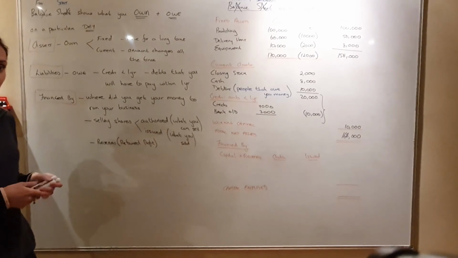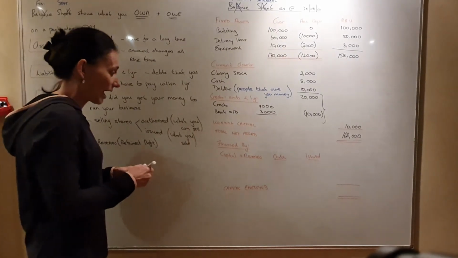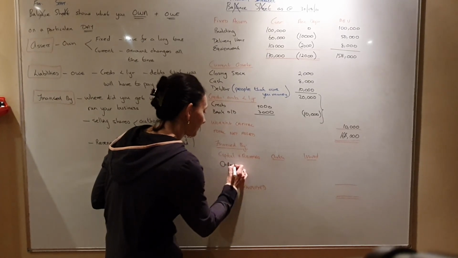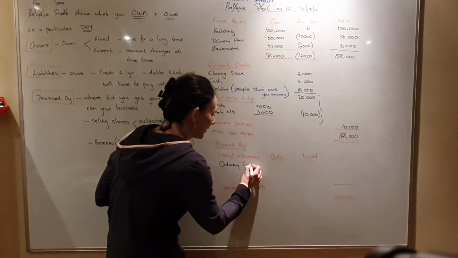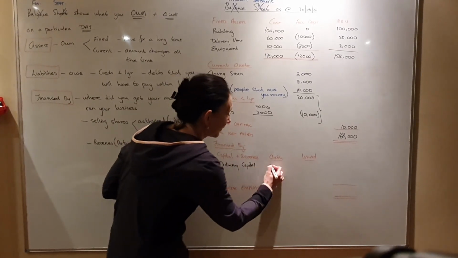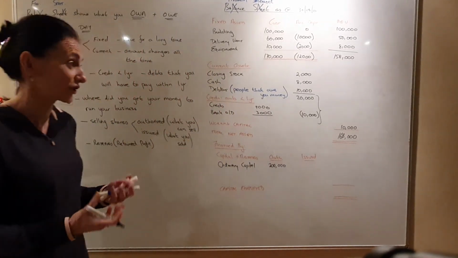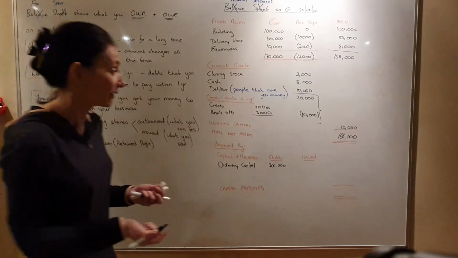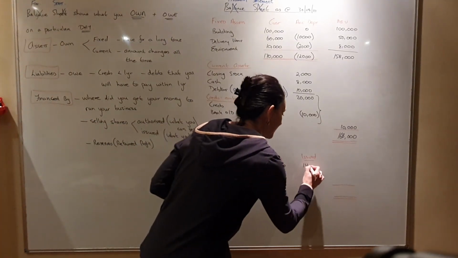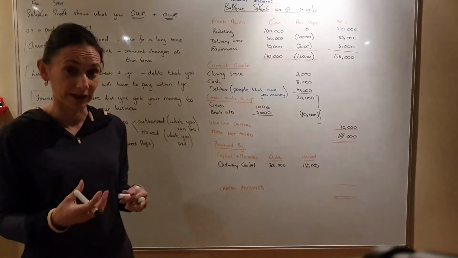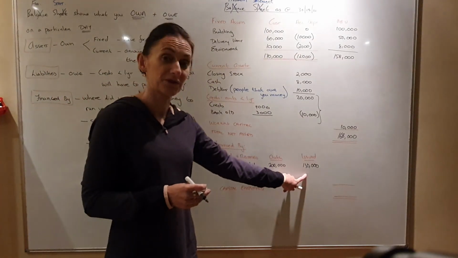Now, any business that sells shares, we call it share capital, and you're going to call it ordinary capital. And we're going to say in this example that you have decided that you can sell up to 200,000 shares, but in this scenario, you've only sold 150,000 shares.